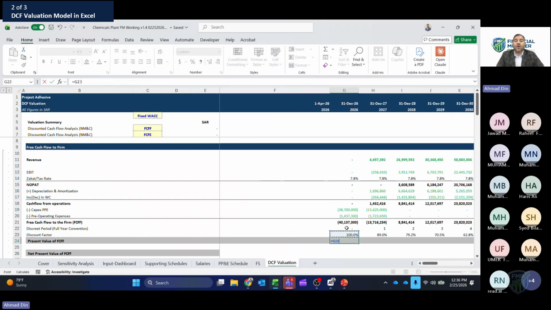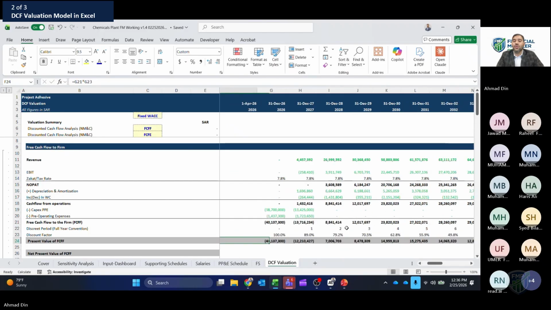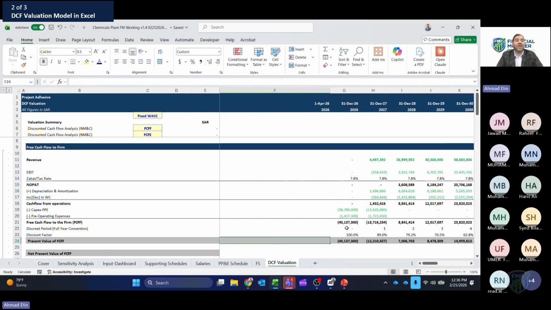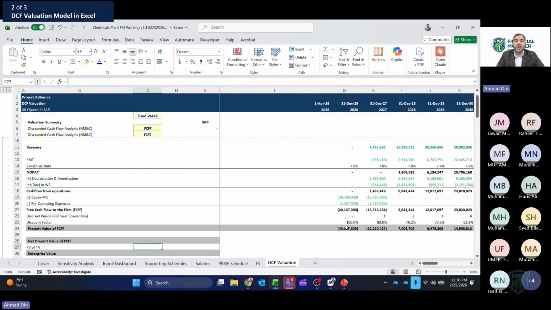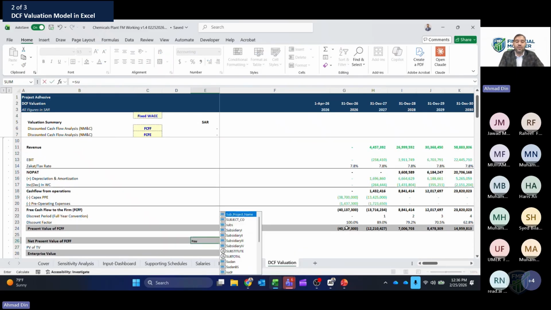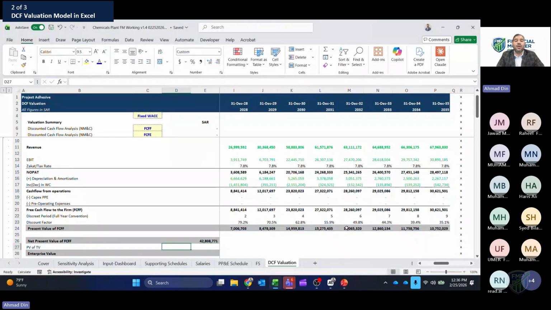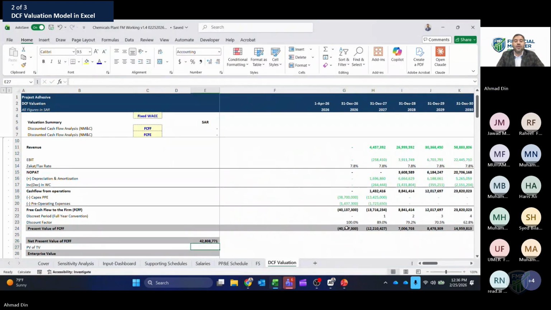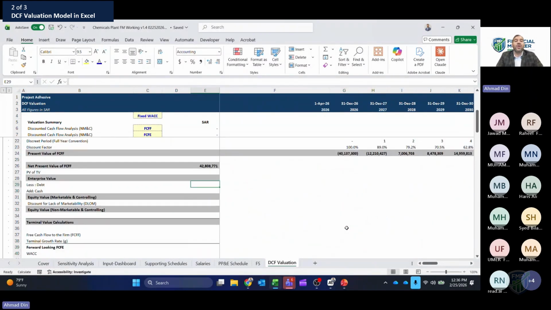Then we will discount our free cash flow to firm, multiplied by the discount rate, so we get our present value of FCFF. Now we get the net present value of FCFF, which is the sum of all our free cash flow present values. The next step is to calculate the present value of terminal value.